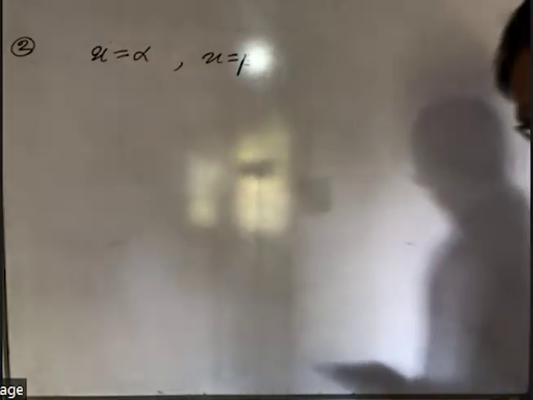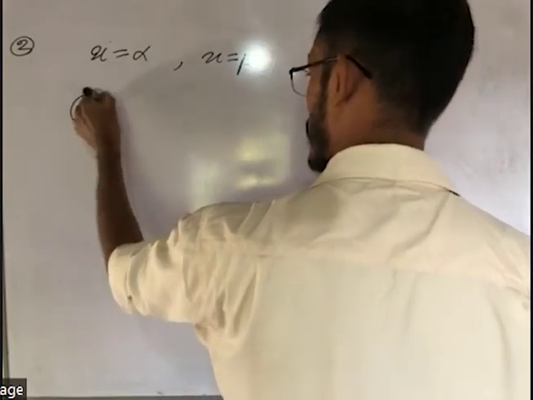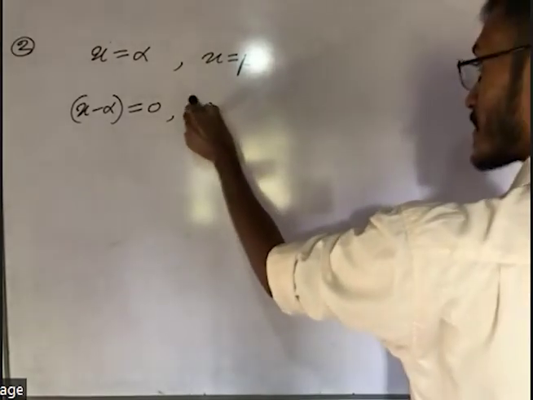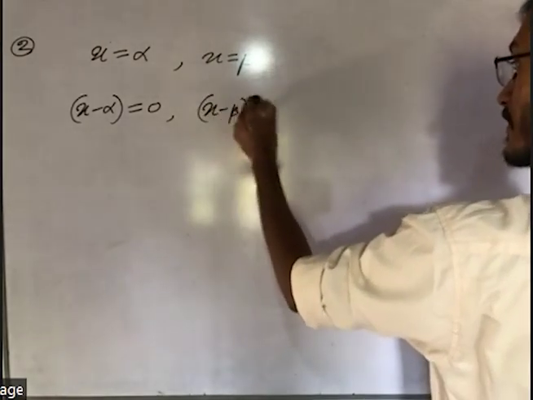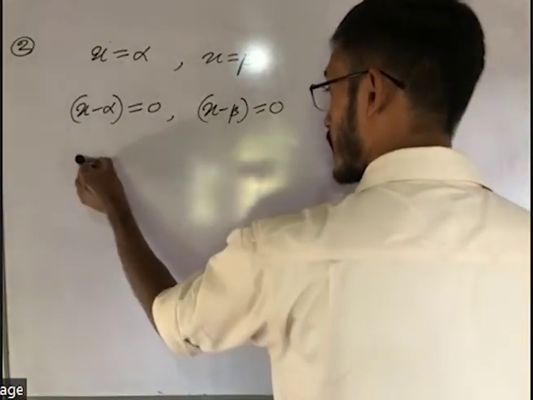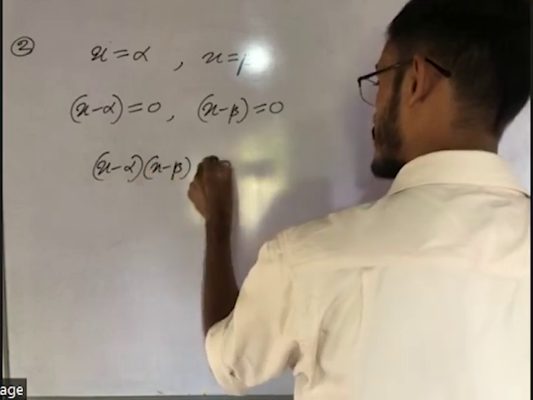These are the two roots. Here also take this value to the other side. Then x minus alpha will be equal to 0. Take this value to the other side. Then x minus beta will be equal to 0. Multiply both values. x minus alpha into x minus beta will be equal to 0.